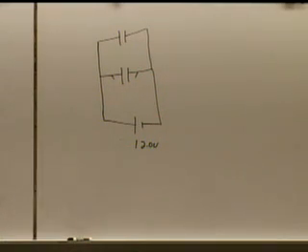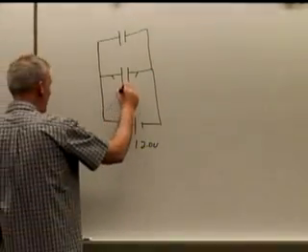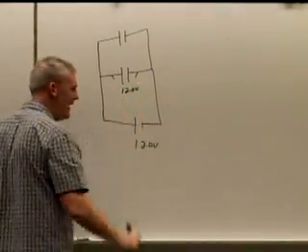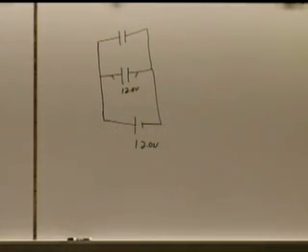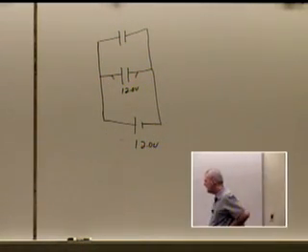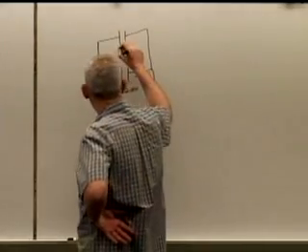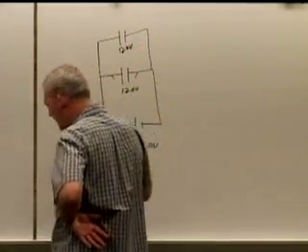They're in parallel, so what would it be? 12 volts. When things are in parallel, the voltage is the same. Okay? Two things that are in parallel, the voltage is the same. So this would also be 12 volts.